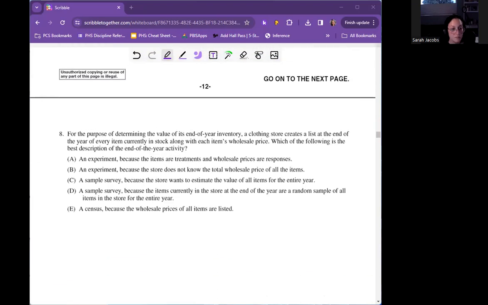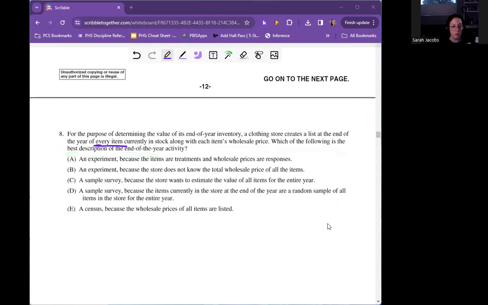Onward. 8. For the purpose of determining the value of its end of the year inventory, a clothing store creates a list at the end of the year of every item currently in stock, along with each item's wholesale price. Which of the following is the best description of the end of year activity?